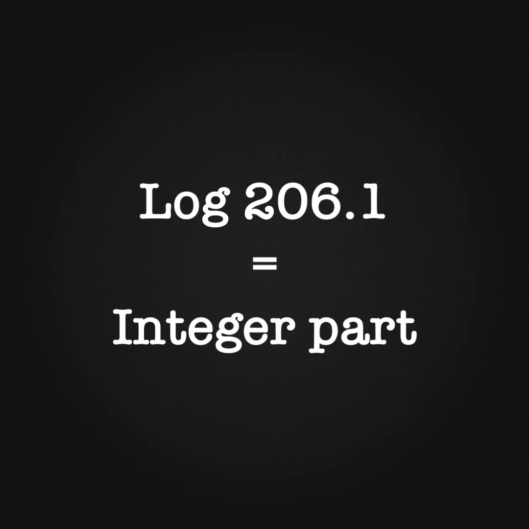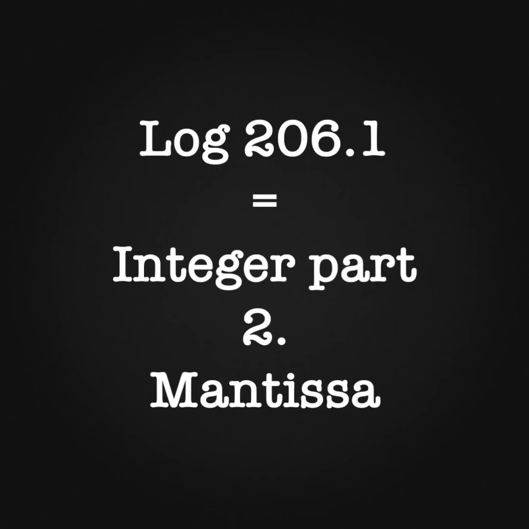So 200 is 2 times 100, and log 100 is 2, meaning that the integer is 2. 2 is the integer, so we write 2 point. Now we know the integer part.